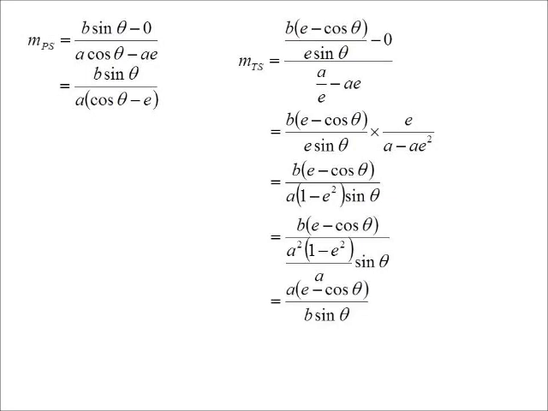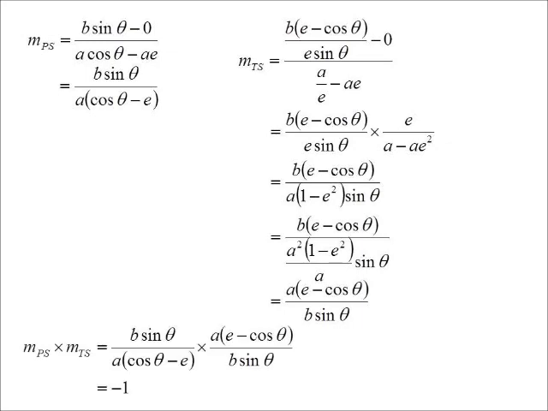Now I've got b squared on a, and I've got the cancelling that I need to get -1. So in other words, in order for this to work, I had to use that relationship of b squared is equal to a squared 1 minus e squared. So not immediately obvious, got to rely on our definition of conics to clean up the proof.